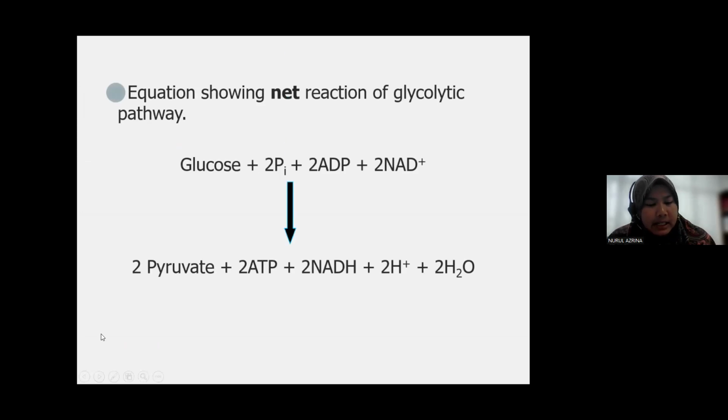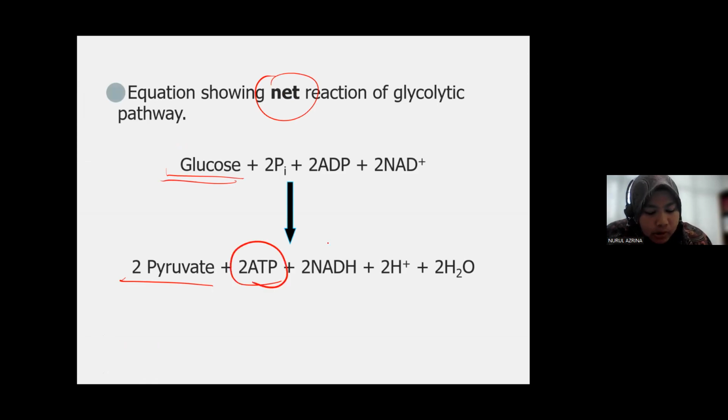And last one, this is the net equation showing you the net reaction of glycolysis. So net lah bersih. Kita guna glucose, we get 2 pyruvates. And this is our net 2 ATP, and also 2 NADH and 2 molecules of water. So this is our net product.